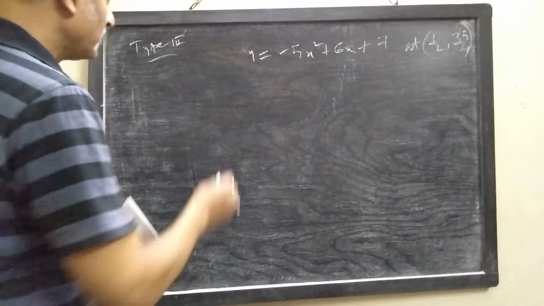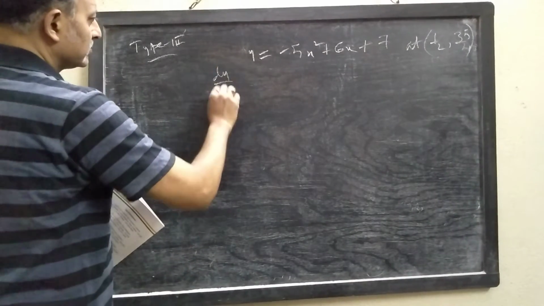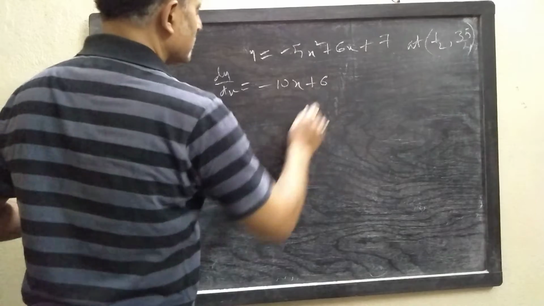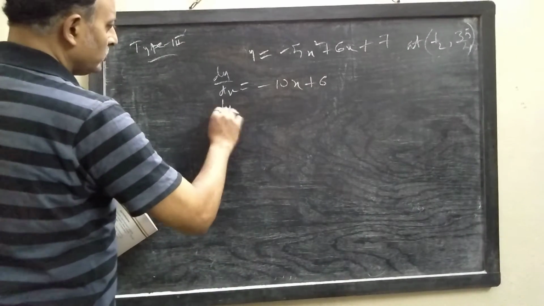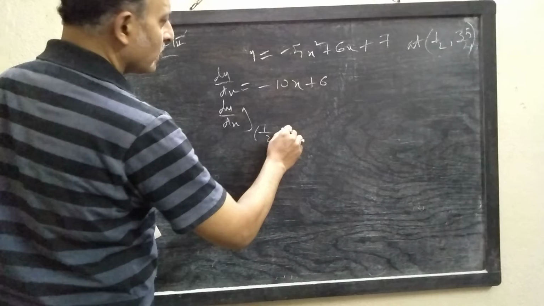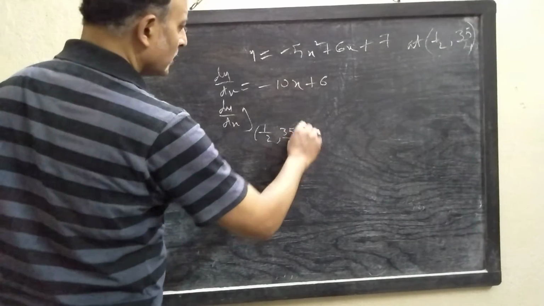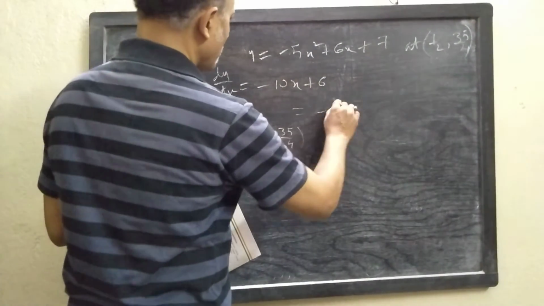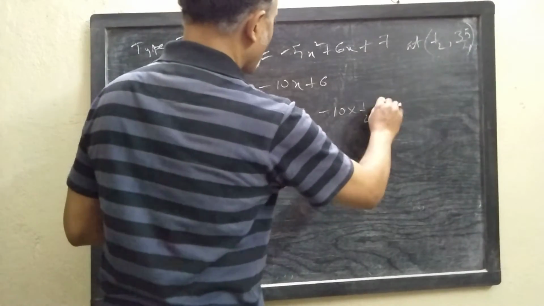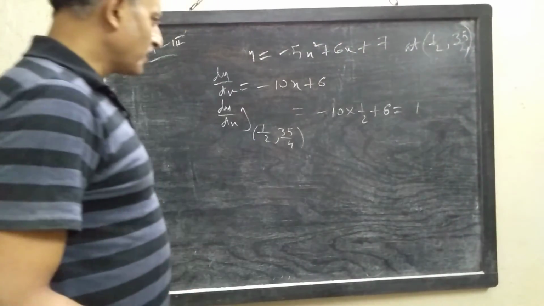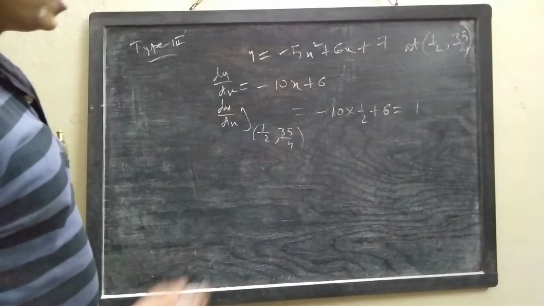So first find dy/dx. This will be minus 10x plus 6. Now dy/dx at (1/2, 35 by 4) will be minus 10 into half plus 6, minus 5 plus 6, that is 1. So you get the slope of the tangent at that point is 1.